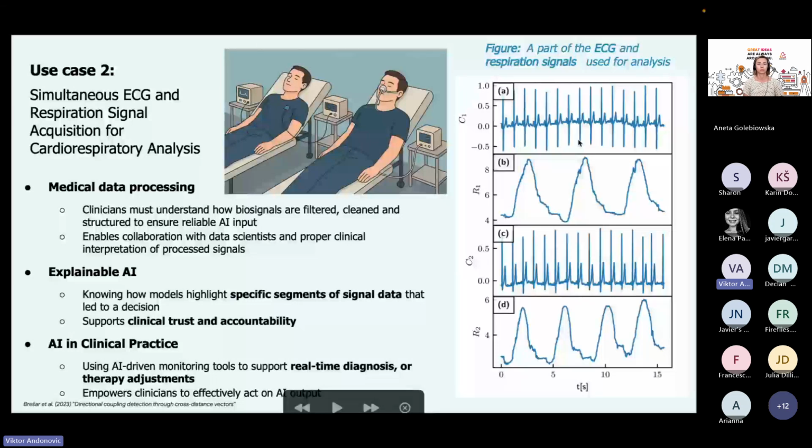But they have to understand how the model makes the decision in order to use that information. So that's why explainable AI comes into play together with AI in clinical practice, which is related to decision-making in medicine and healthcare, while there's an AI included in the process.